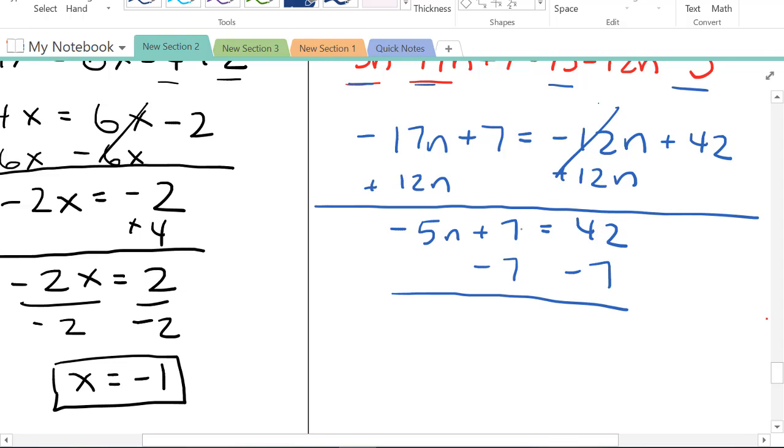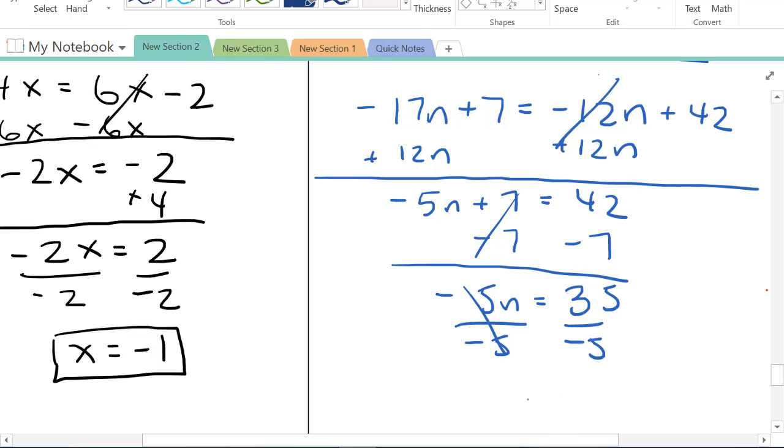Okay, and then this 7 cancels out. I'm going to get negative 5n equals, and then 42 minus 7 is going to give me 35. Divide both sides by negative 5. And then negative 5 is canceled out. So we get n equals negative 7. That's our solution.